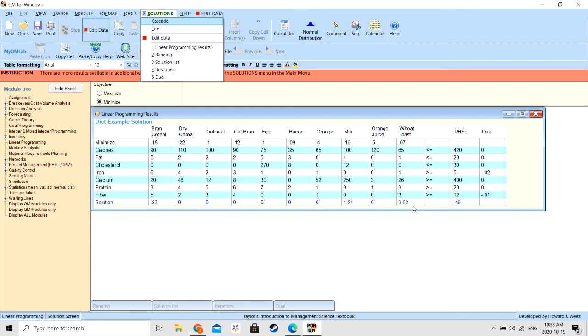So we have 0.23 cups of bran cereal, 1.21 glasses of milk, and 3.62 pieces of wheat toast. That's what we've seen here. And that will give us a minimal cost of 49 cents.